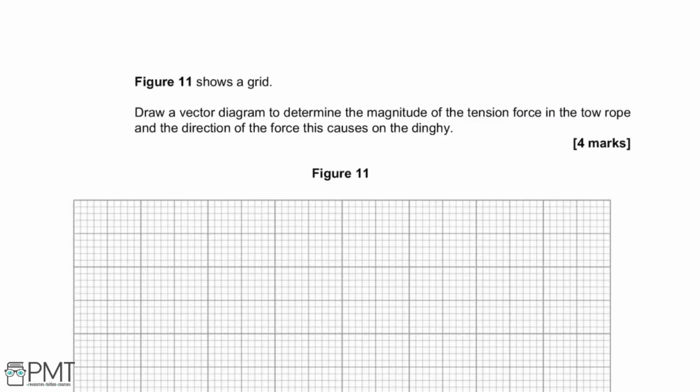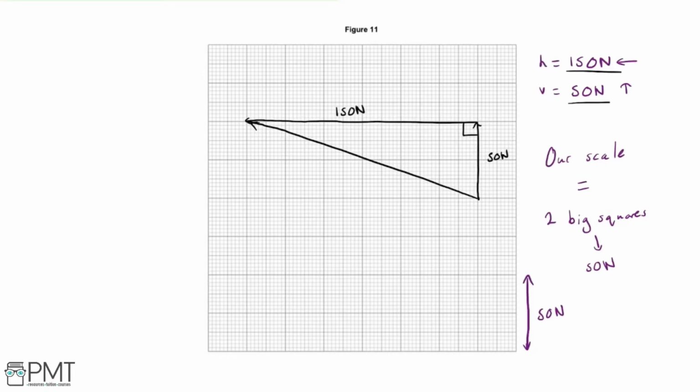The first thing that we're asked for is the magnitude of the force. So looking back at figure 11, the way we're going to find the magnitude is just to measure it with a ruler. We're measuring this force here.